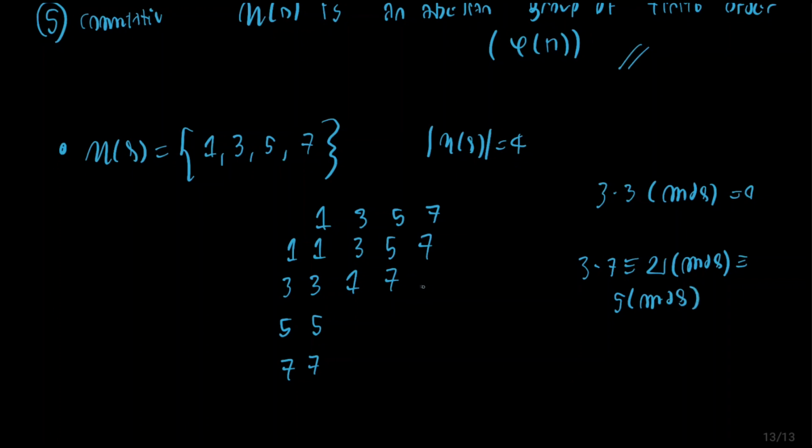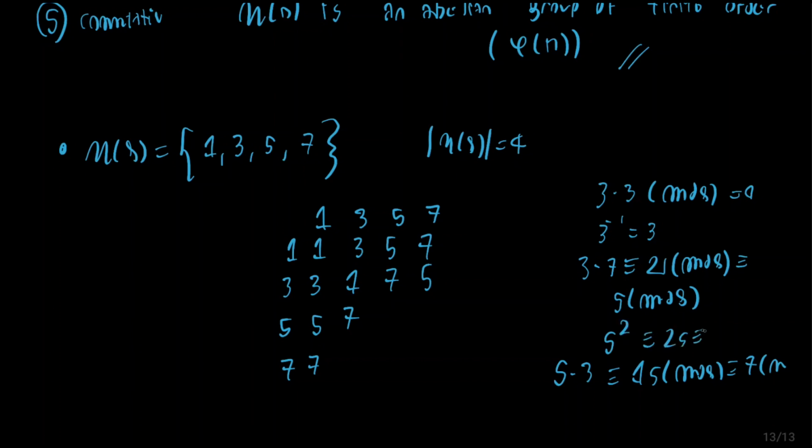So this is 5. Then we have 5 times 3, which is congruent to 15 mod 8, which is congruent to 7 mod 8, so this is 7. Then we have 5 squared, which is 25, which will be congruent to 1 mod 8, so this is 1. So 5 is again its own inverse. And then we have 5 times 7, which is 35, congruent to 3 mod 8. So this will be equal to 3.